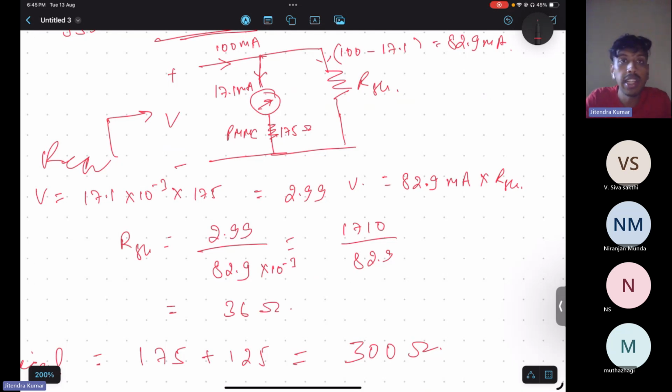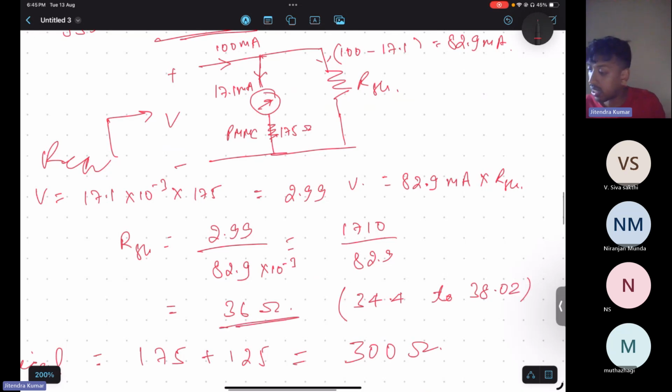And how much was the range? So the range was also correct for this question. That was 34.4 to 38.02. So this is also correct.